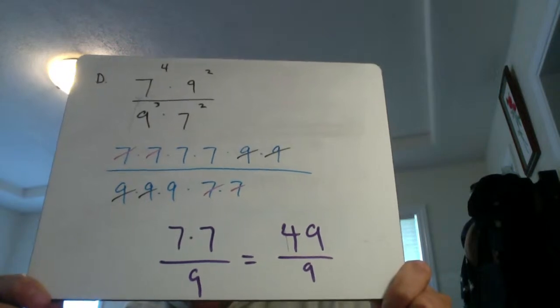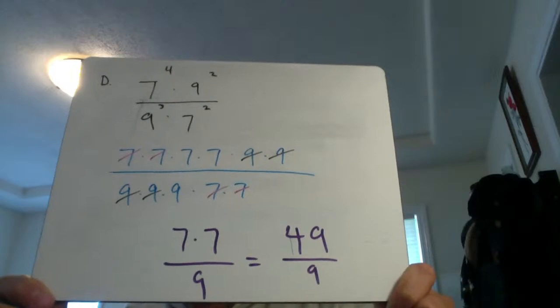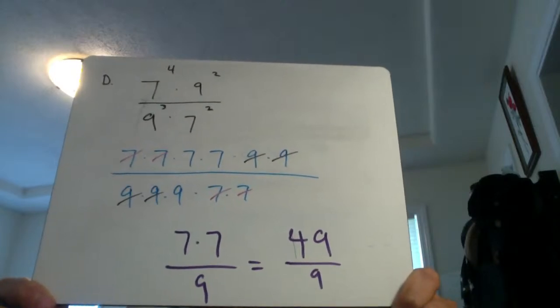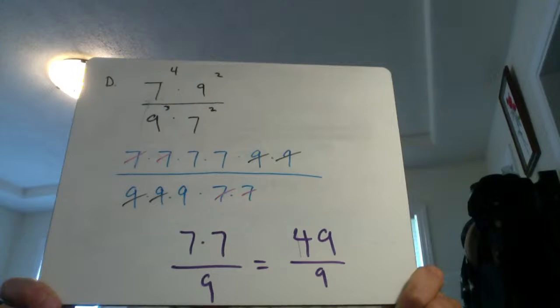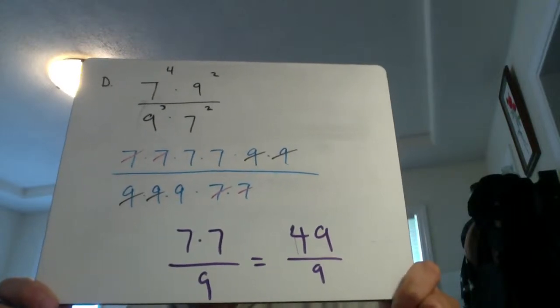And that's how we get our answer, 49 over 9. So that's method 1. Okay? I want you guys to get familiar with this second method that I'm about to go over. So we're going to get the same answer as 49 over 9, but watch how we can do it this way. This is using the quotient rule.